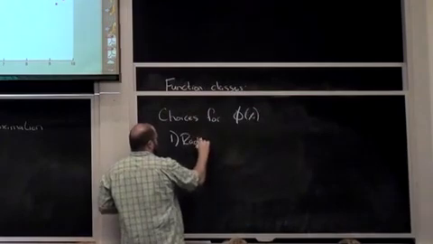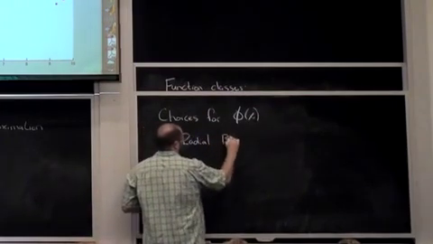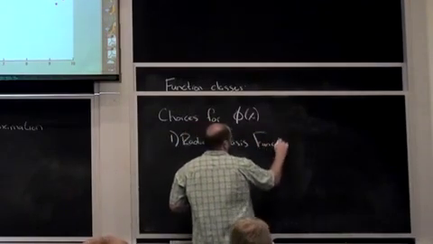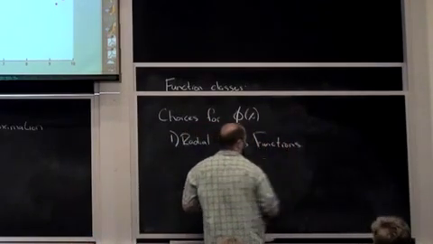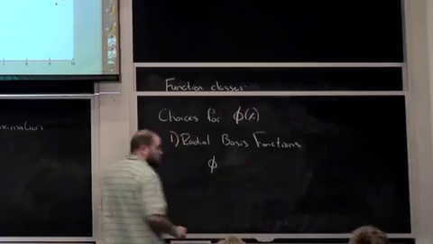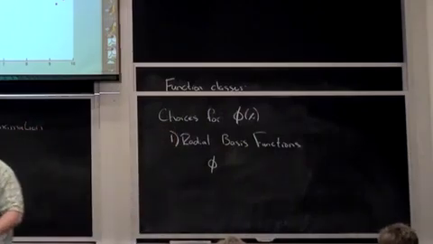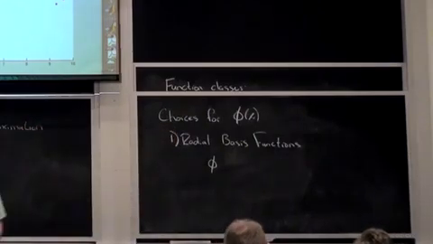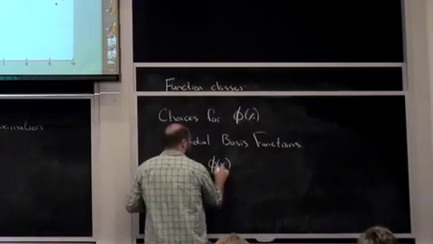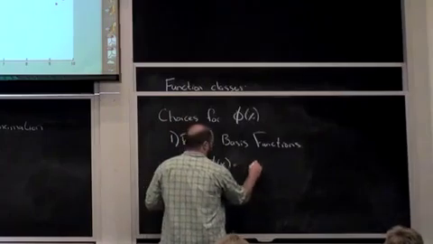One common one is radial basis functions. Okay, where you assume phi of x is just some Gaussian, right? Phi i of x is just a Gaussian function.